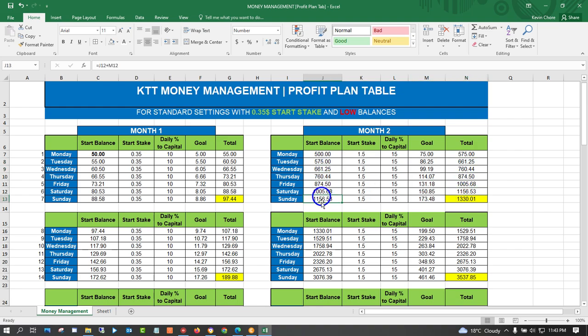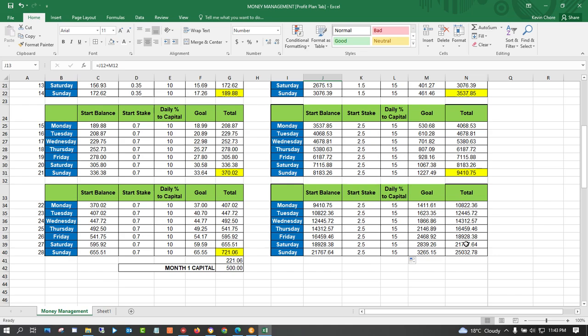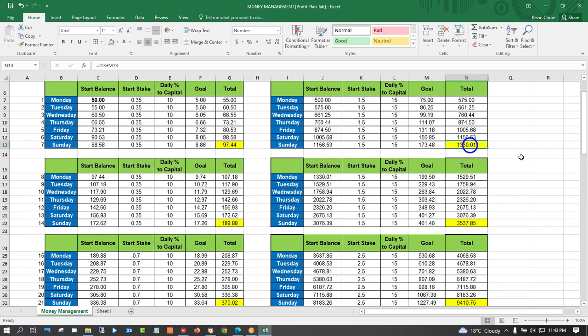You just go like this, and by the end of the 5th month, after withdrawing everything here, we'll be having 1,330 US dollars. You see how it goes. From our balance of 50, with money management, we can even reach $1 million.